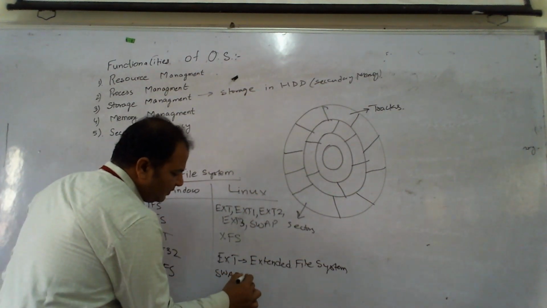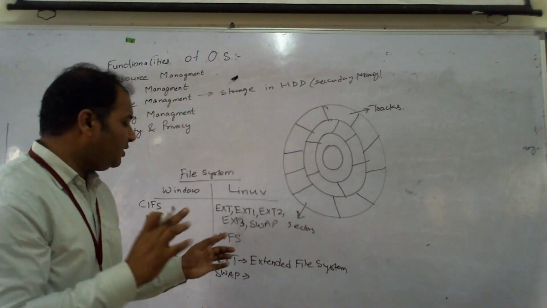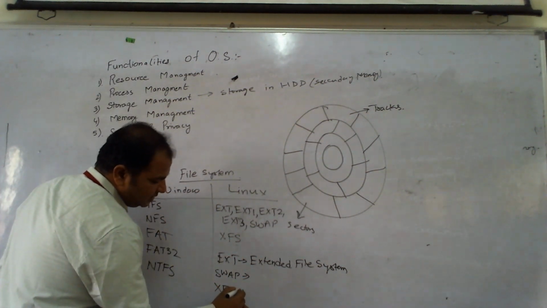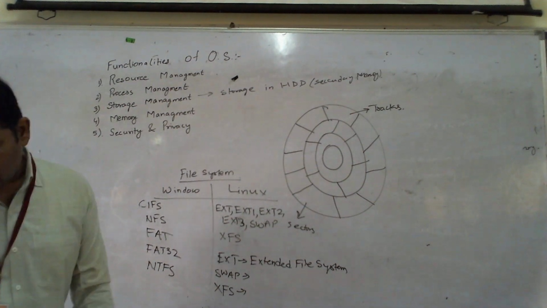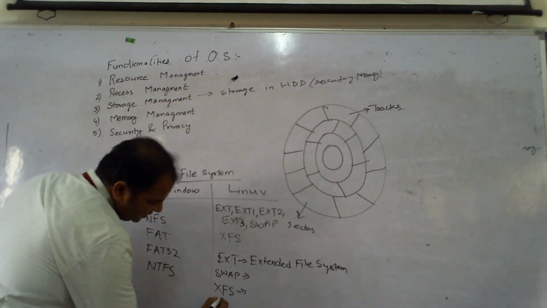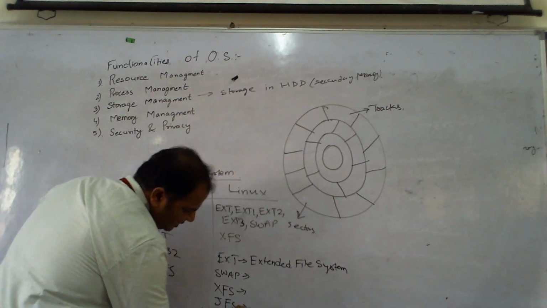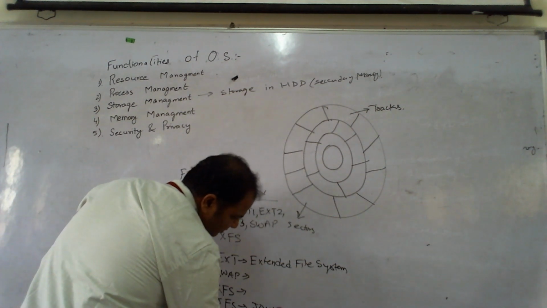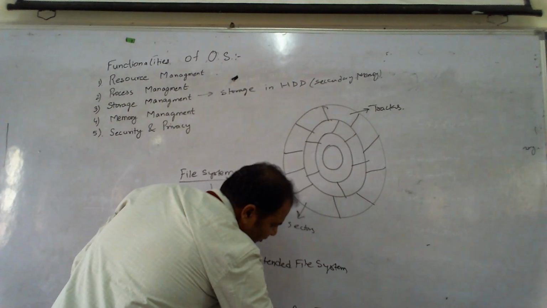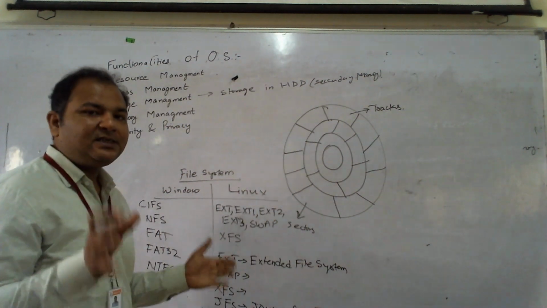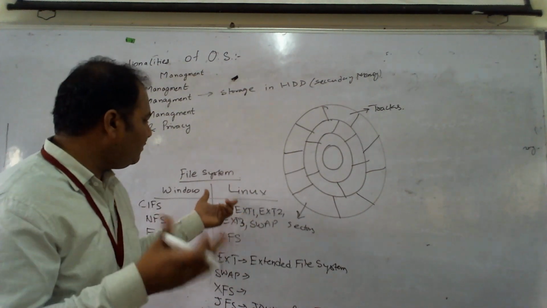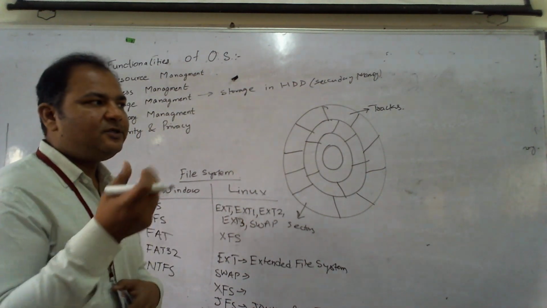Swap is also used, which switches between the physical memory and the virtual memory. XFS is also there in the file system list. JFS is the journal file system.